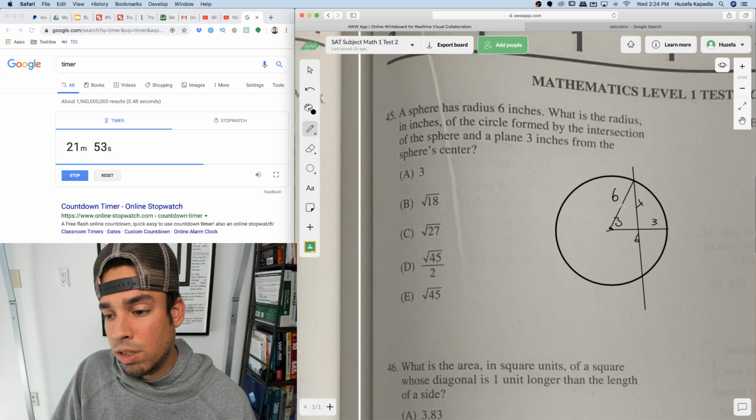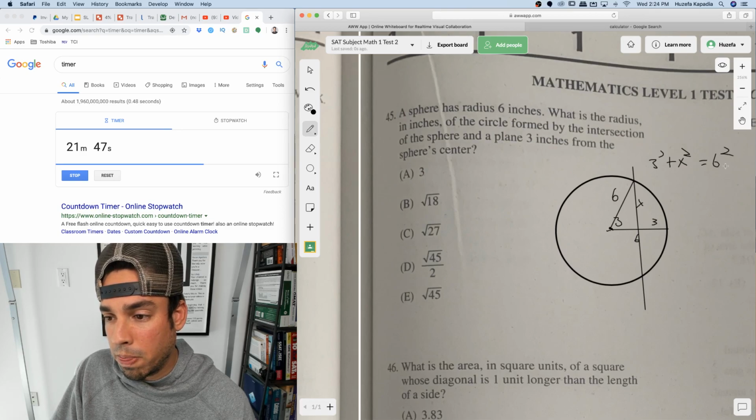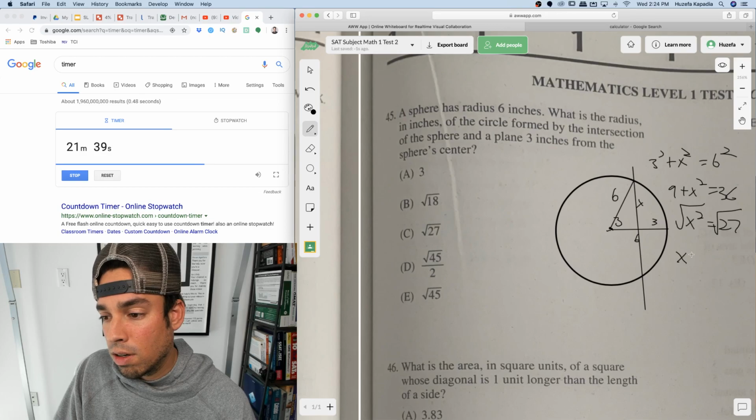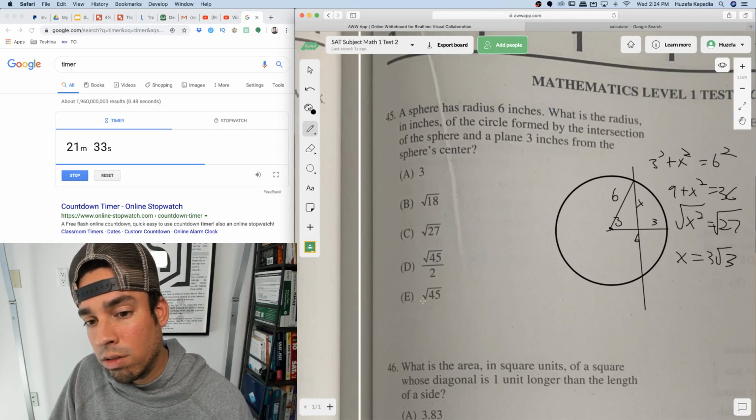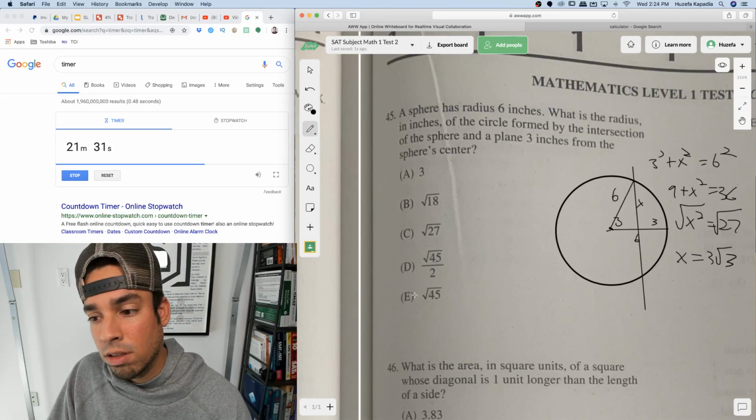So 3 squared plus x squared equals 6 squared, Pythagorean theorem. 9 plus x squared equals 36. X squared equals 27, and x is the square root of 27, which becomes 3 root 3, because the square root of 9 is 3. 3 root 3. Ooh, they don't have it as an answer.